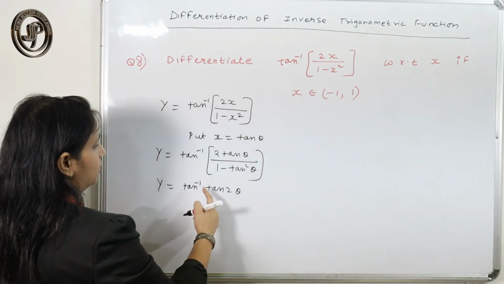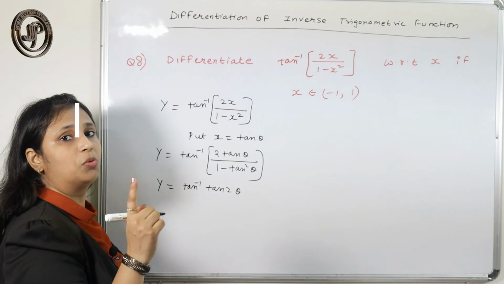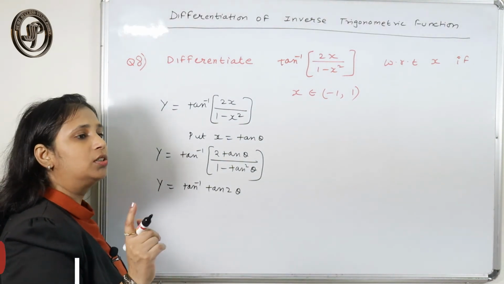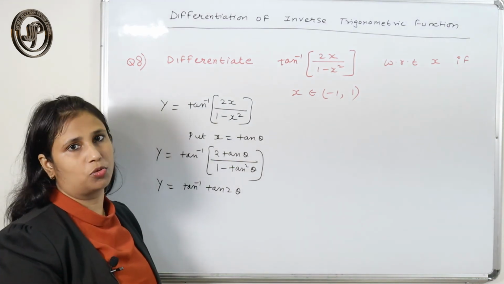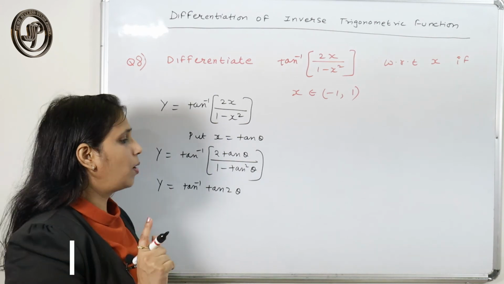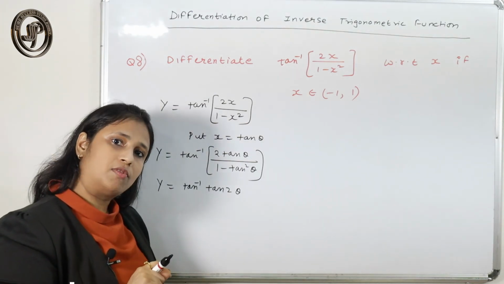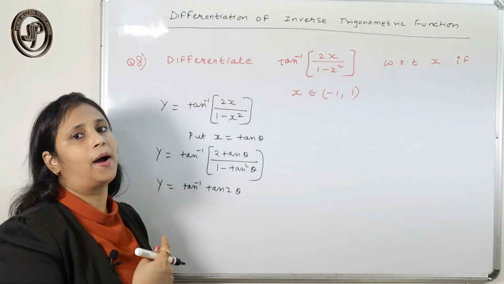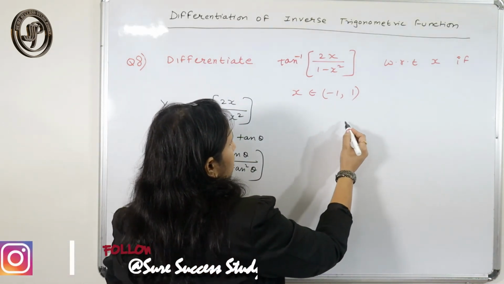Yes, we can write it as 2 theta if 2 theta ranges between minus pi by 2 to pi by 2, because the range for the tan inverse function is minus pi by 2 to pi by 2. Just try to memorize: sin inverse is minus pi by 2 to pi by 2, cos inverse is 0 to pi, and tan inverse is again minus pi by 2 to pi by 2. So just check with the range.